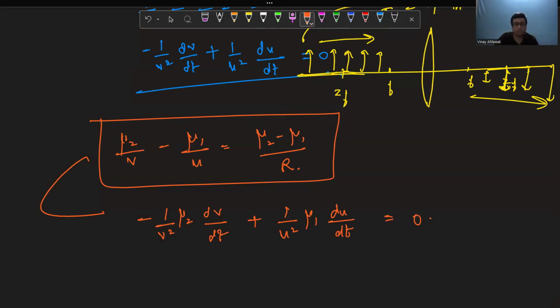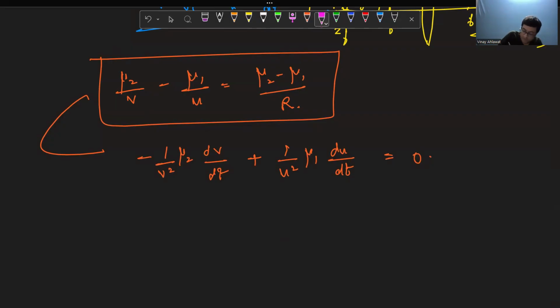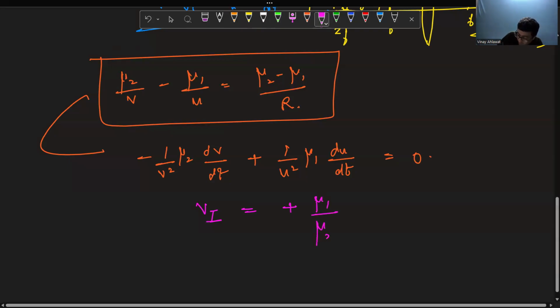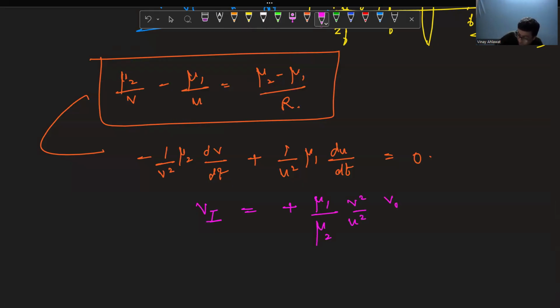That becomes 0. So velocity of image is positive of mu1 by mu2 into v square by u square into velocity of object.